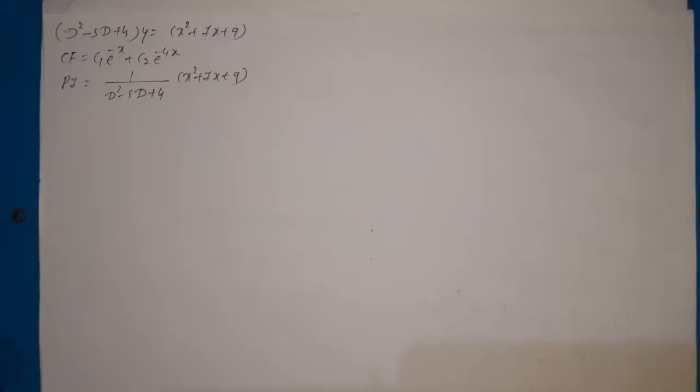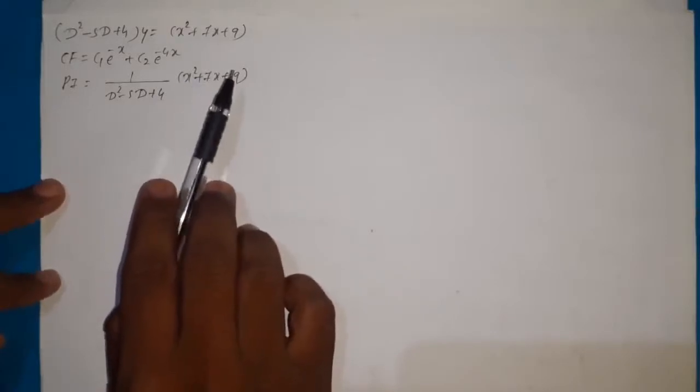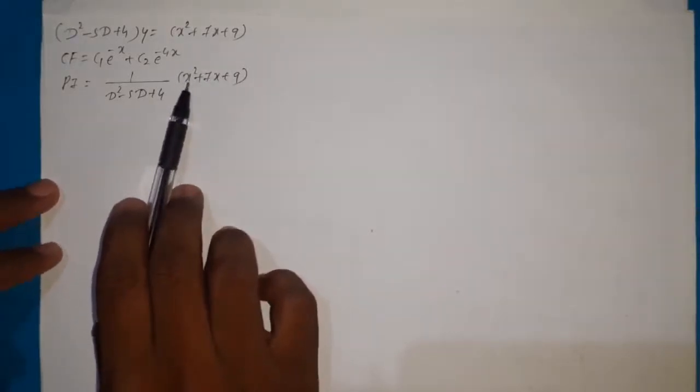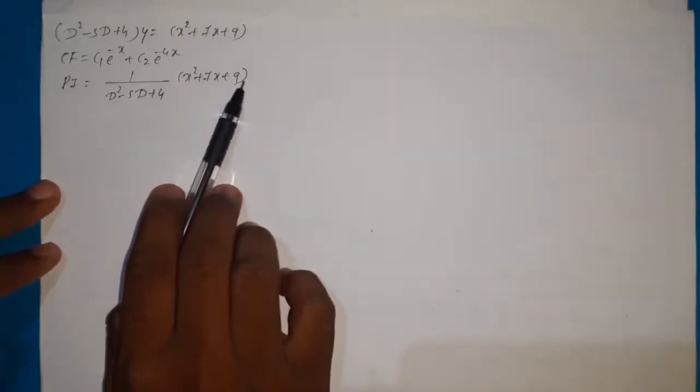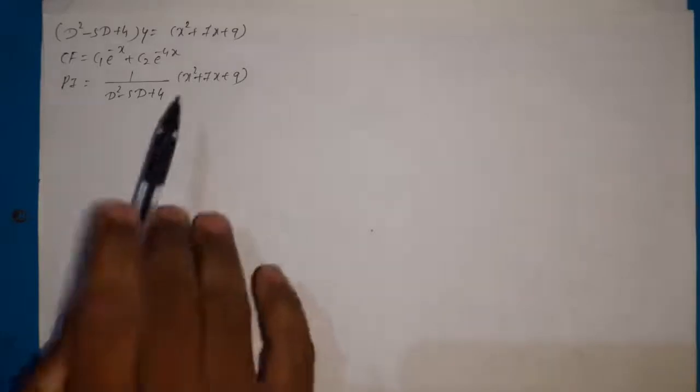So here it is the sum of 3 functions, but here we need not separate the denominator, because all these functions are of the form x power m, x power m, x power m only, because here it is x square, x power 1, x power 0. If you solve this separately, you will get the same answer, but you unnecessarily waste time, because all these together is a single function.